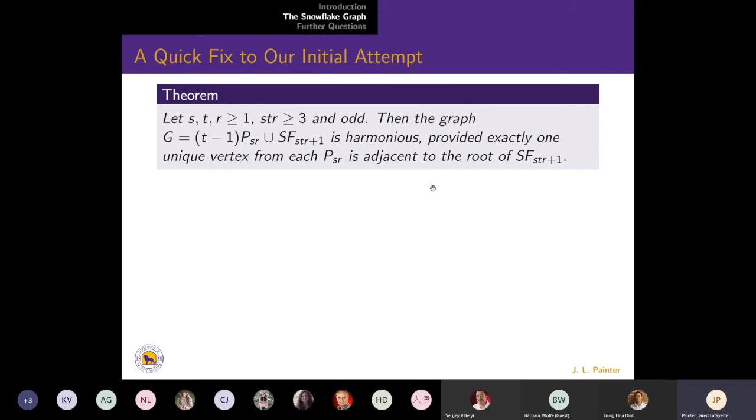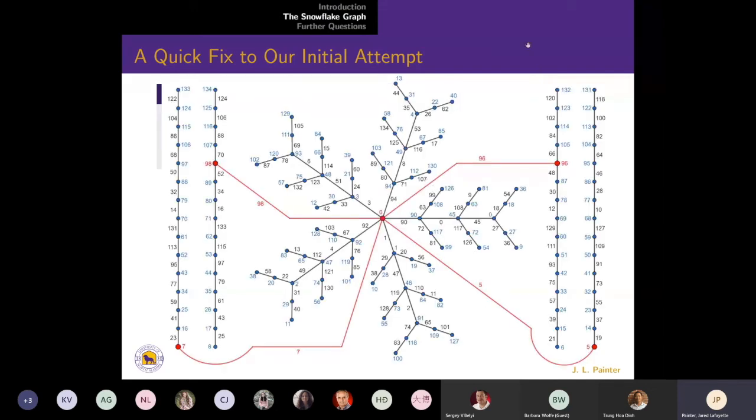This is the example that they created. It looks horrible, but it actually works. So this is a harmonious labeling of the graph. So what we have here is SF(3, 5, 5) plus 1, and we're unioning that with a bunch of paths of length 15.